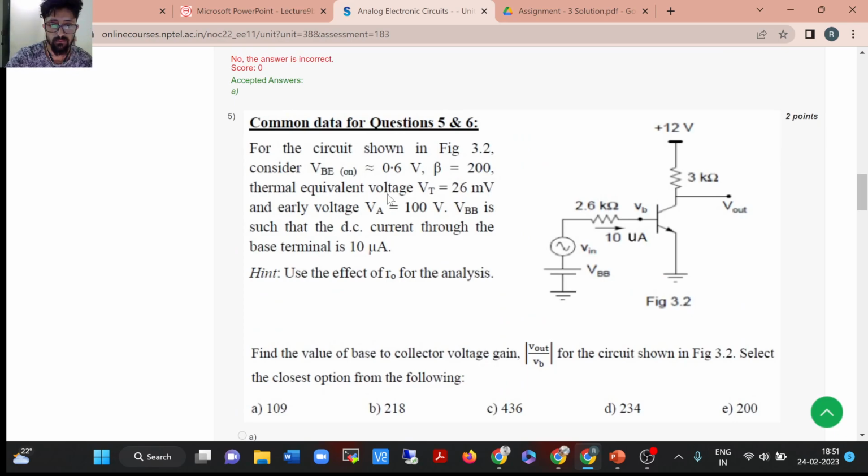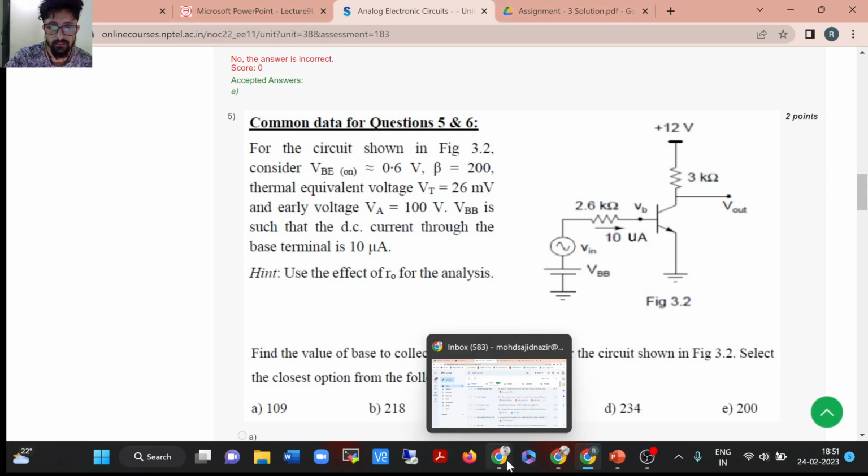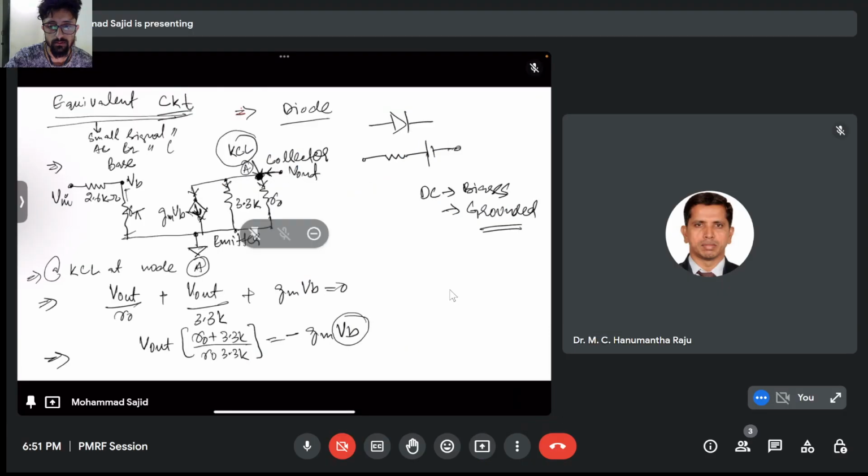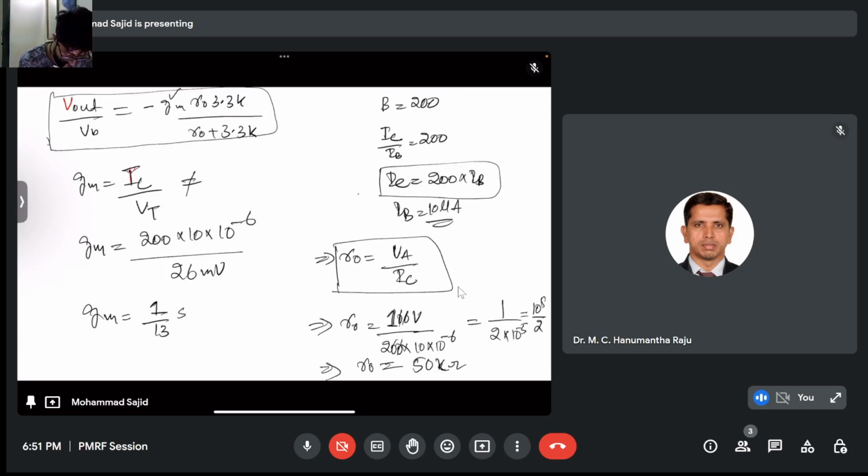Point 5, 200. It's near about 218. We got a slightly higher value. Okay, maybe it's a calculation mistake.